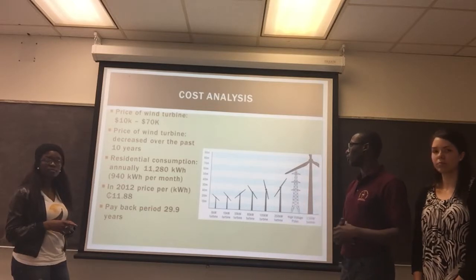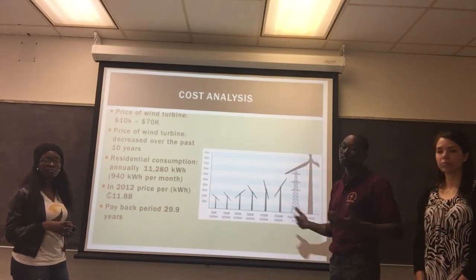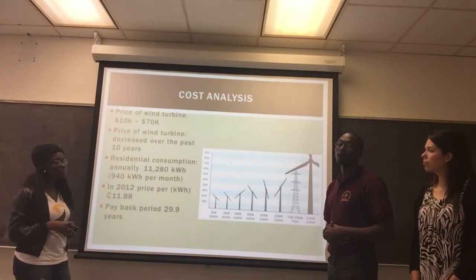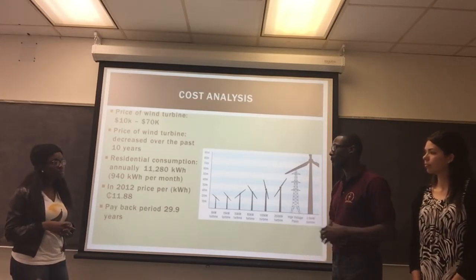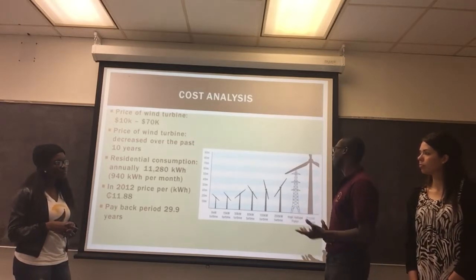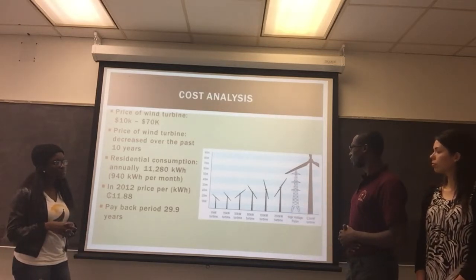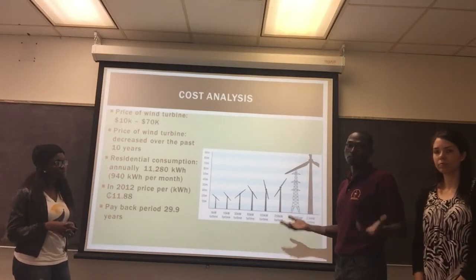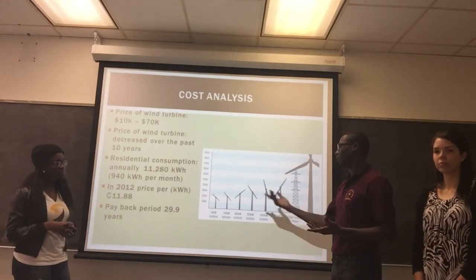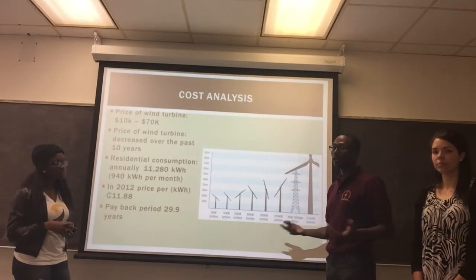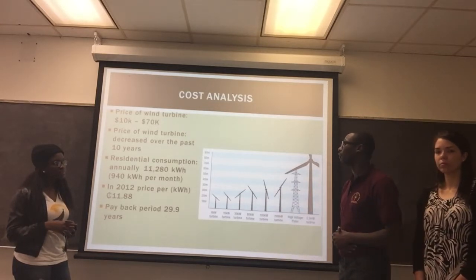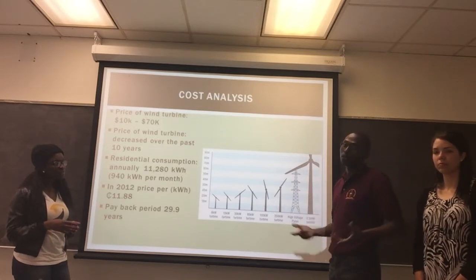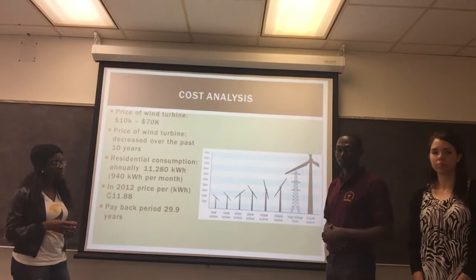If we do our own evaluation, we can realize that the average household costs around $1,500 per year. With that being said, if an individual can purchase a normal turbine with 50 kilowatts that costs around $40,000, within 29.9 years you will be able to pay it off. And also, as we said, the life of the wind turbine goes up to 50 years.